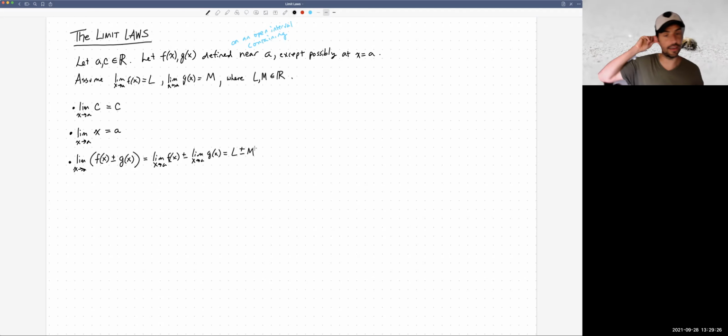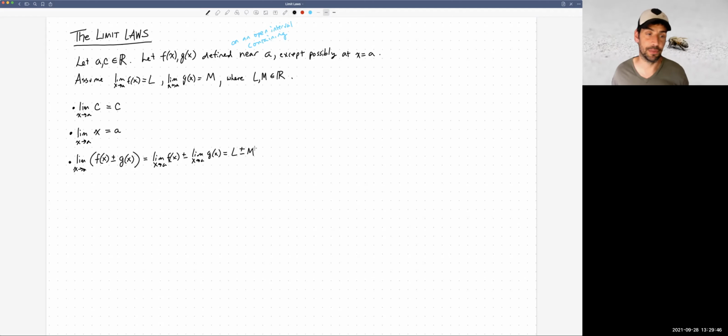In this case, that's L and M, the two limits that we have of these functions. So if f is getting closer to L and g is getting closer to M, when we add those two functions together, their values must be getting closer to the sum or the difference of those two values as x gets closer to A.